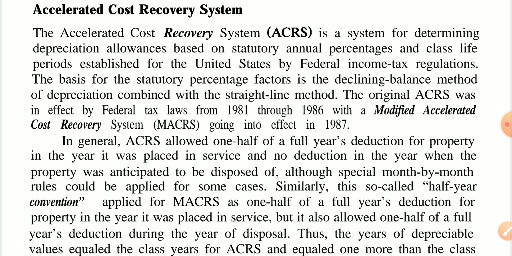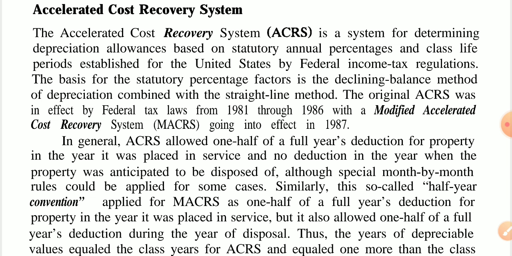The original accelerated cost recovery system was in effect under federal tax laws from 1981 through 1986, with a modified accelerated cost recovery system, MACRS, going into effect in 1987.